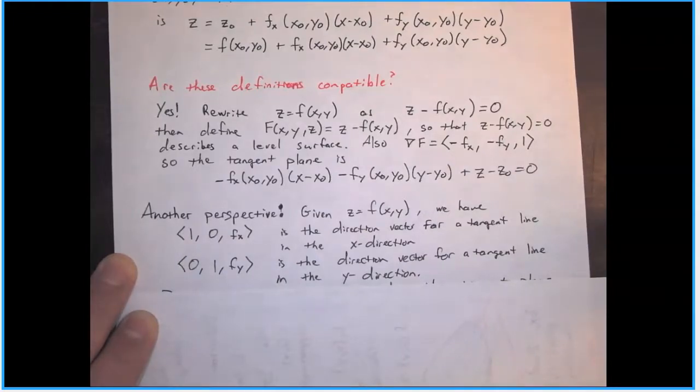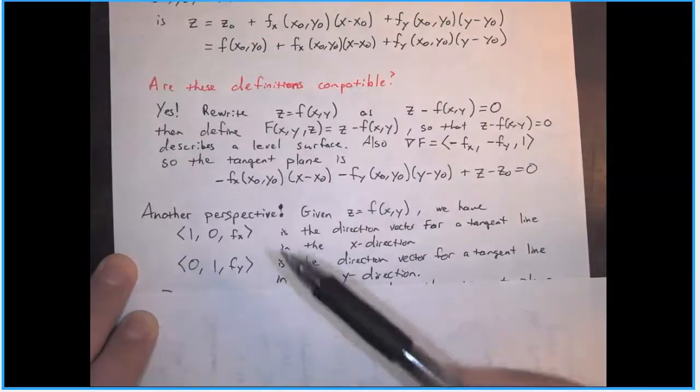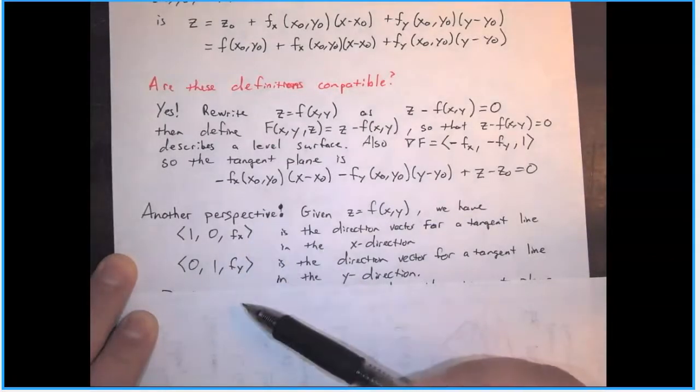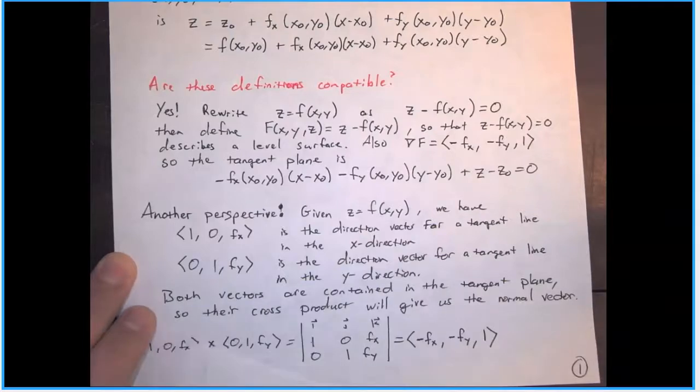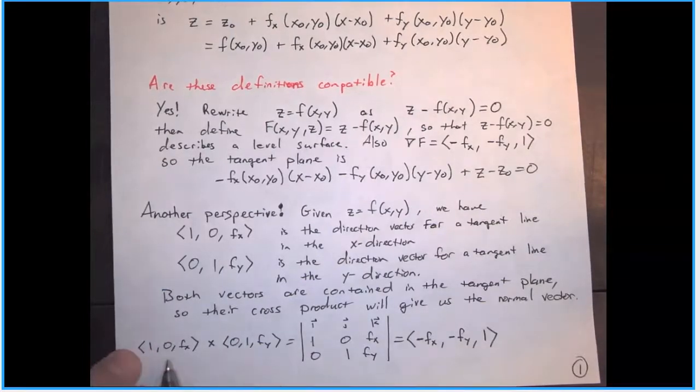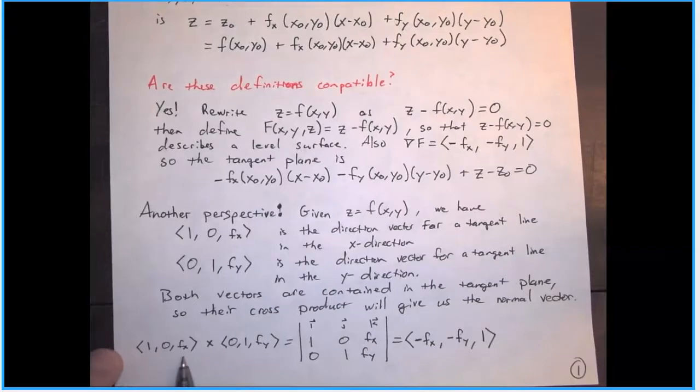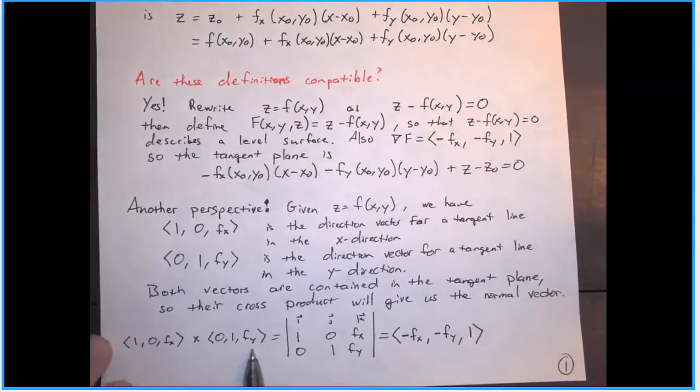So if I wanted to find the normal vector for the tangent plane, I have 2 vectors in the plane. If I cross them, I get the normal vector. So if I cross these 2 vectors, 1, 0, partial derivative of f with respect to x, crossed with 0, 1, partial derivative with respect to y, I set up my determinant, I take a cross product, I get negative partial derivative with respect to x, negative partial derivative with respect to y, and 1.